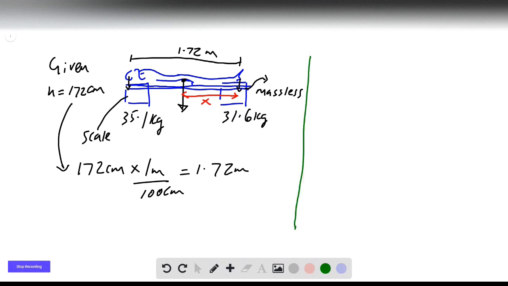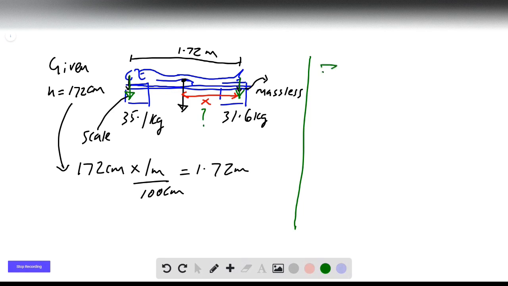We'll take these two forces. So this is pointing downwards, 35.1 kilograms. That's the scale right there. And this one also is 31.6 kilograms. And we want to see what's this distance X. That's our target.